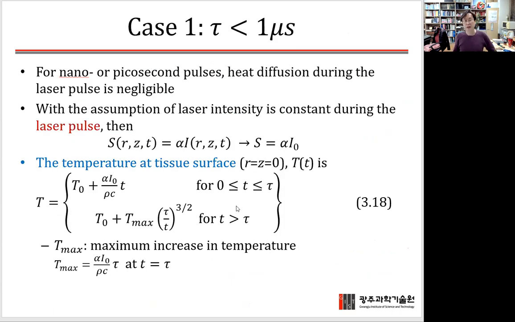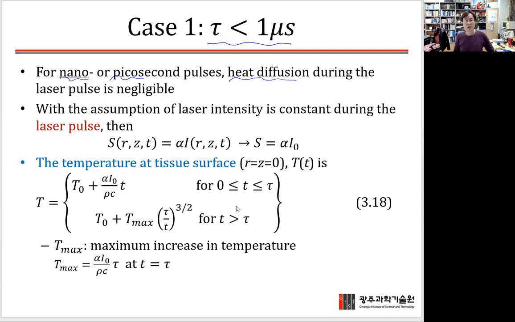So let's take a look at the case when the tau is smaller than 1 microsecond. The examples will be nanosecond laser or picosecond laser. So in this case, heat diffusion during the laser pulse can be ignored.